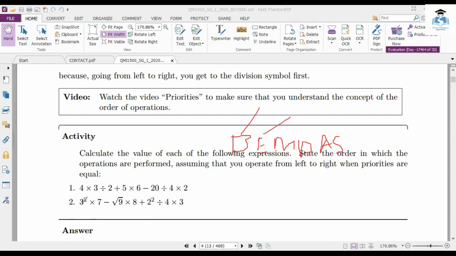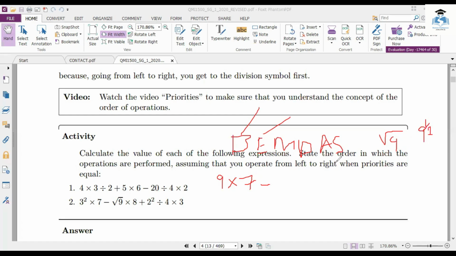So we start with dealing with the exponents first. So now, this one, 3 to the power 2, that's 3 times 3, which is 9, times 7, minus, remember, root 9 is the same as 9 to the power half.